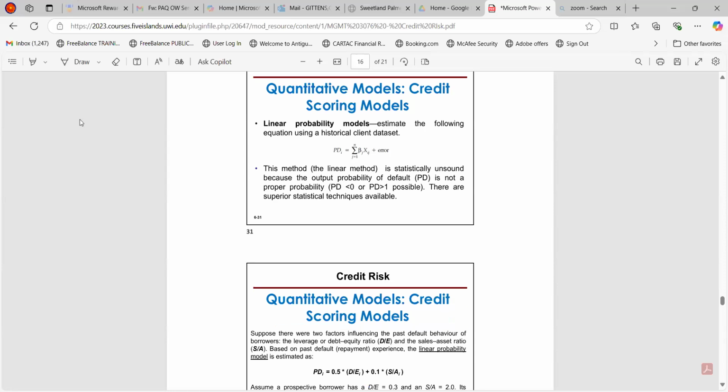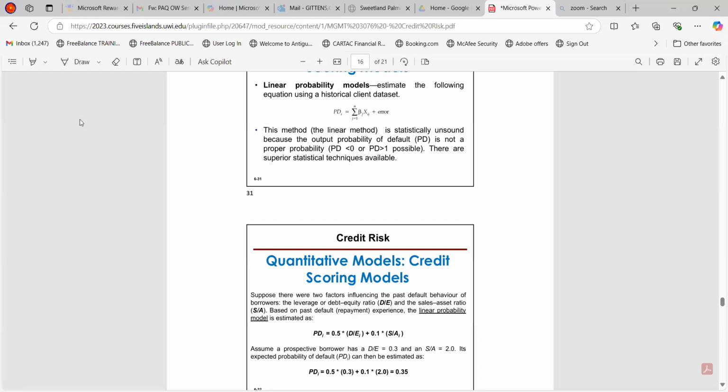So the probability of default is equal to some number times the debt to equity ratio plus some other number times your sales asset ratio, and that's based on past default. So if you have a prospective borrower with, in this example, a debt to equity ratio of 0.3 and a sales asset ratio of 2, the expected probability of default can be estimated.